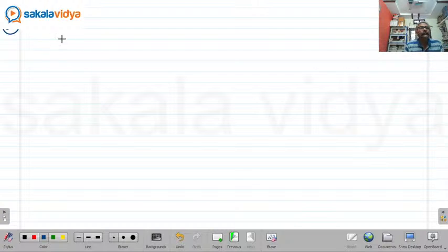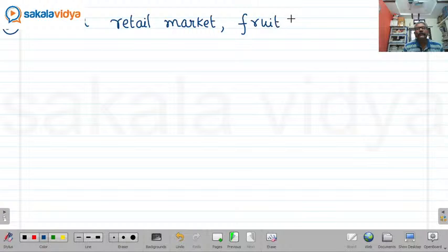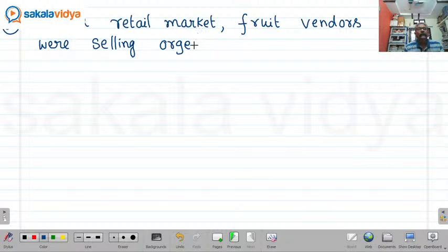In a retail market, fruit vendors were selling oranges kept in packing baskets.